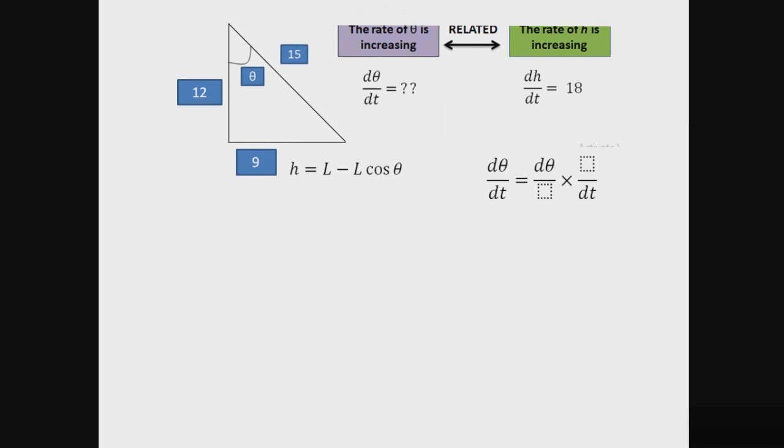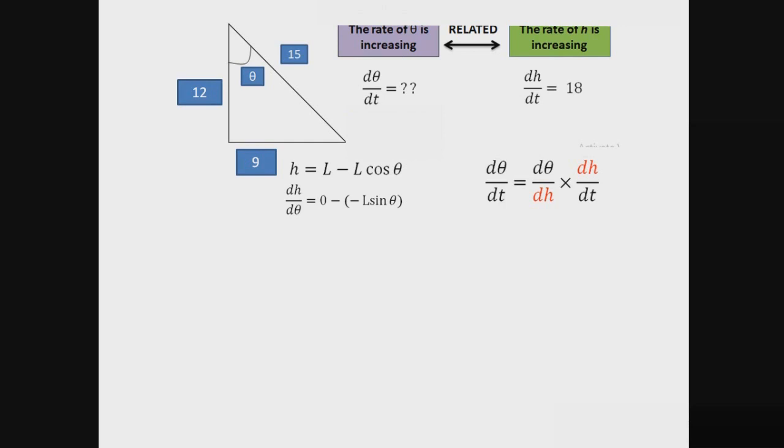So back to the function, from h is equal to L minus L cos theta, we can only find dh over d theta. But in the chain rule, you can see that it is d theta over dh. But don't worry, it's just a reciprocal. Once you find dh over d theta, just reciprocal it, turn it upside down, and then fit it in the chain rule formula.